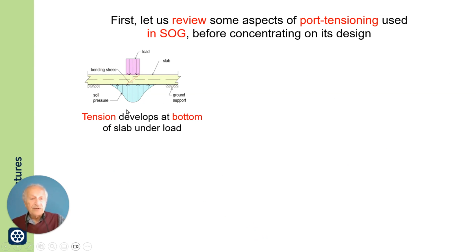Now we are concentrating on post-tensioning contribution. The diagram here just shows that if you have a load on the slab, this is the distribution of pressure, and the distribution of moment is something like that.